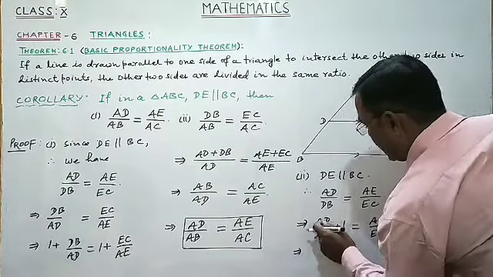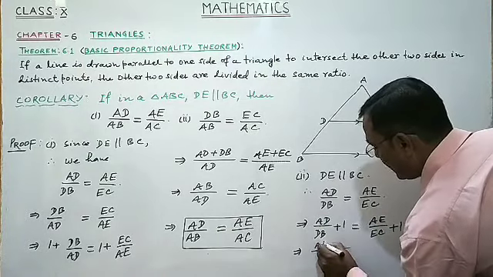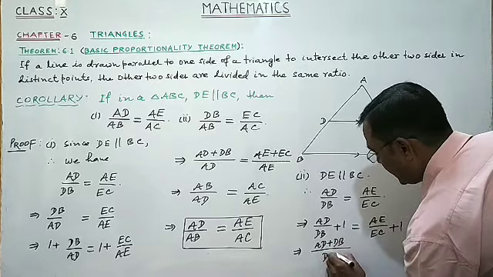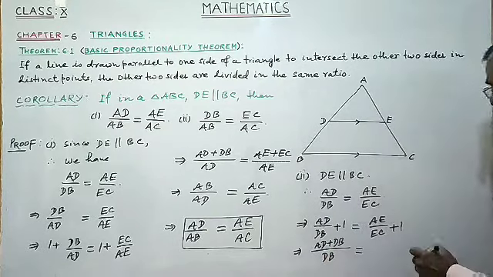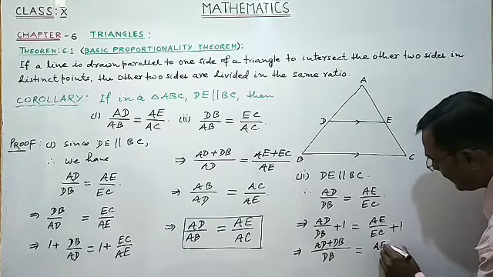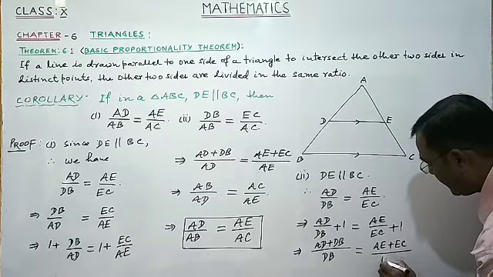AD by DB plus 1 is AD plus DB by DB, equal to AE by EC plus 1, which is AE plus EC by EC.